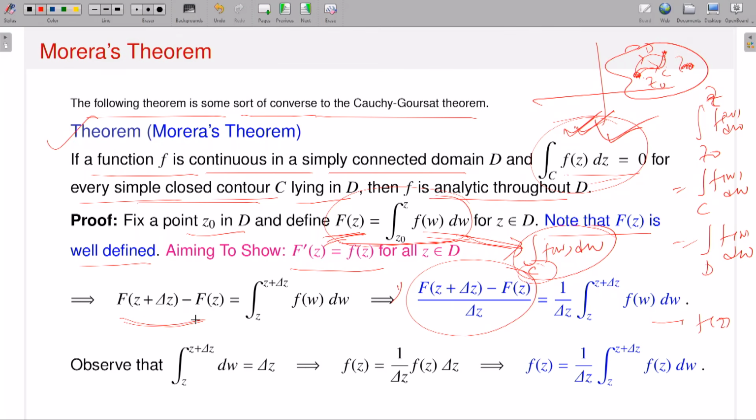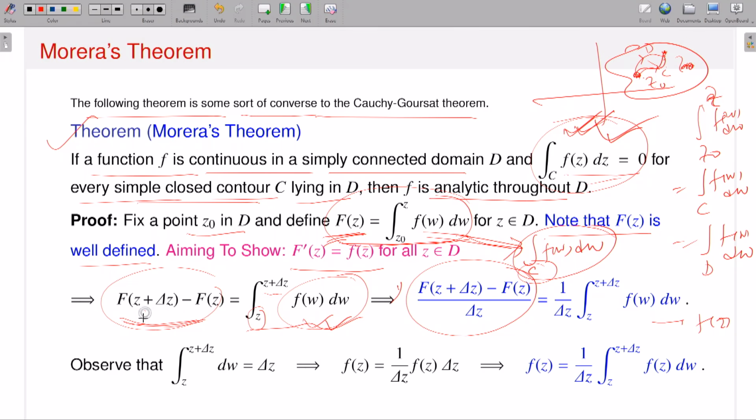So you just calculate the expression F(z plus delta z) minus F(z), which is nothing but the integral from z to z plus delta z of f(w) dw, but you have to be always careful. What is the meaning? That means whatever contour I can take starting from z ending at z plus delta z, this is the meaning. And this difference you can prove exactly equal to this one I have already discussed using the properties of the contour integrations.